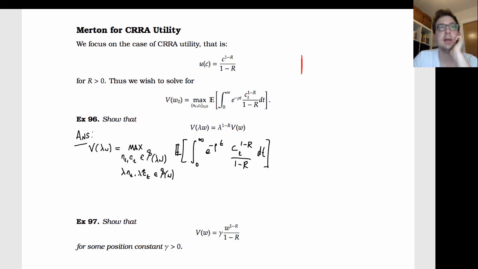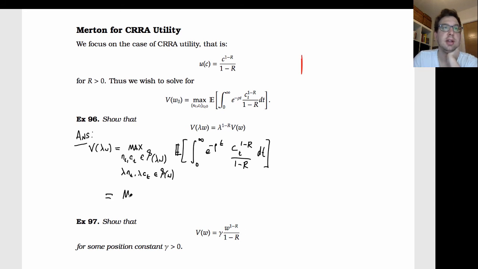So I've essentially just renormalized the money, so the units aren't in units of 1, and instead I have them in units of lambda, okay? So it's essentially just a changing of the units in some sense.